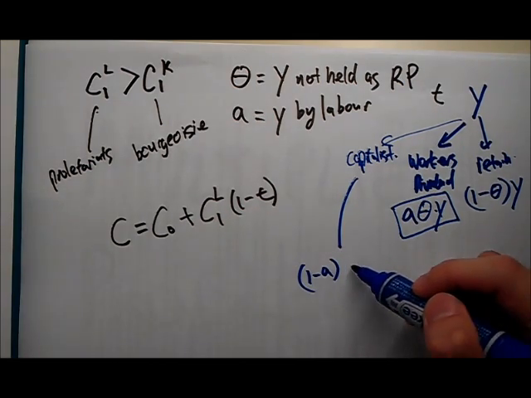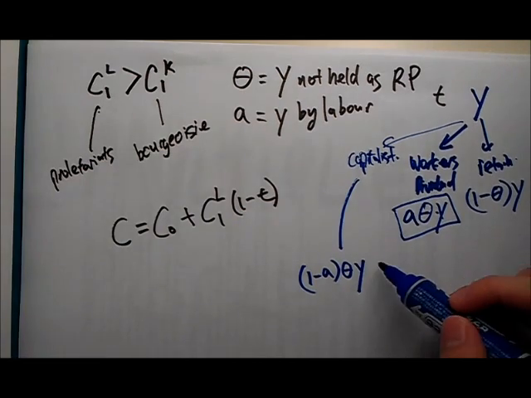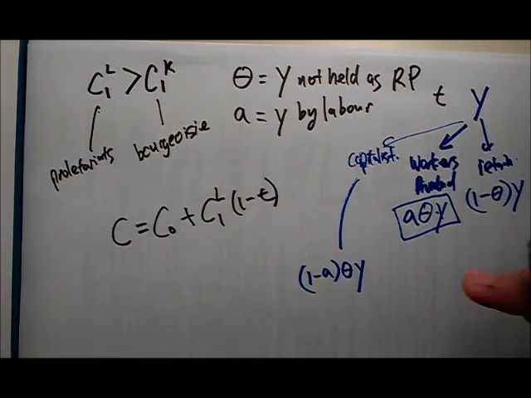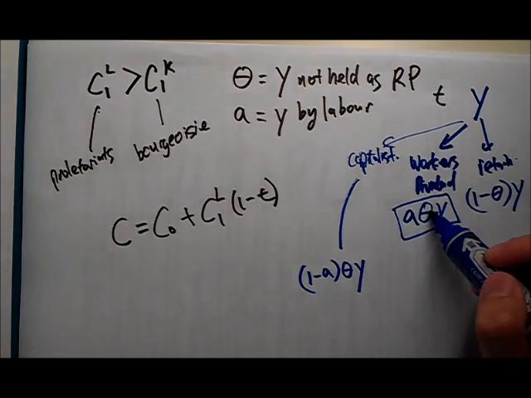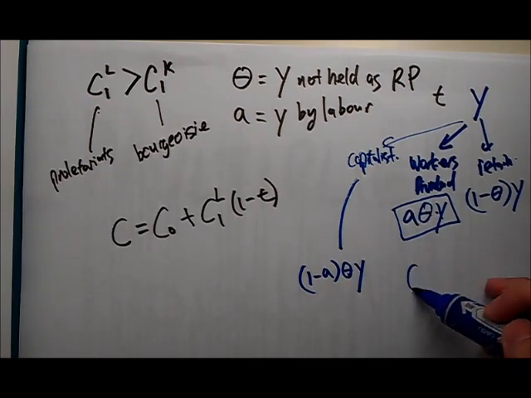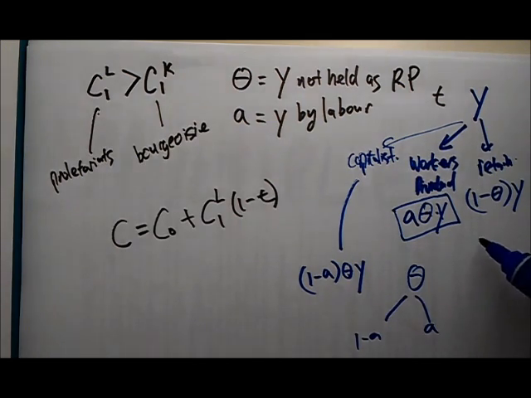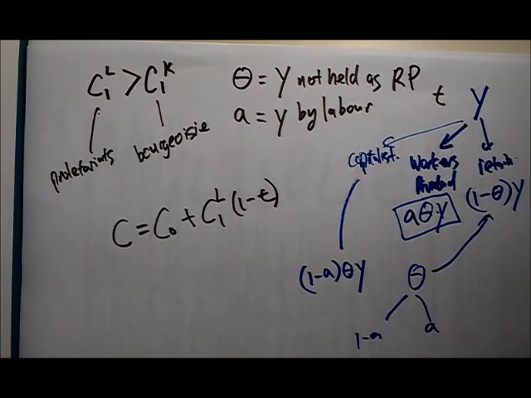We have to add theta there because theta means income that has been distributed, the share of income that has gone to the people. So this is the bigger picture: from theta it splits into 1 minus alpha and alpha, and the rest of theta is your retained profit.